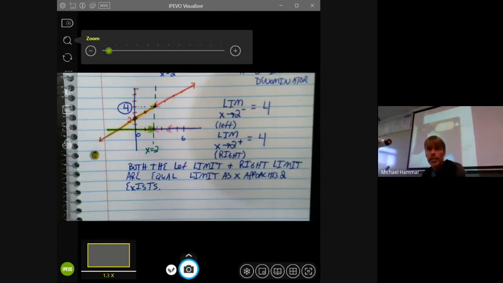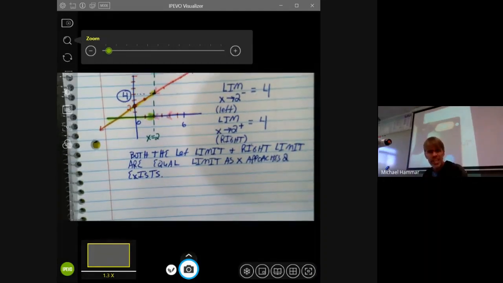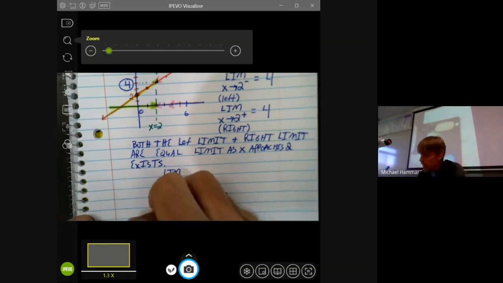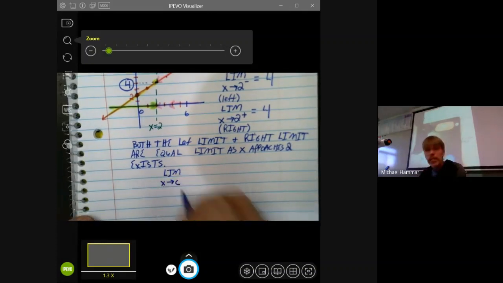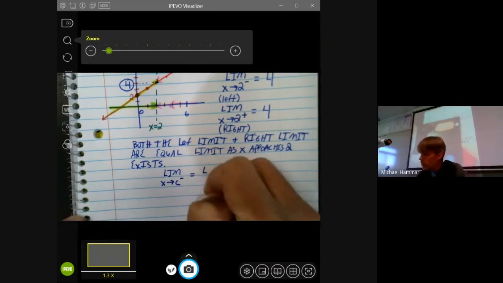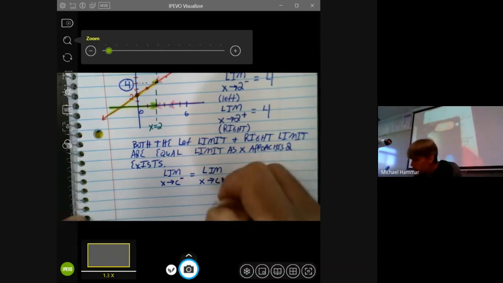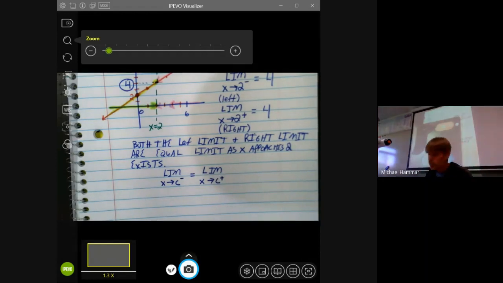From the right, now and they are the same value, we can say the limit exists. So what does that look like in notation? We would say the limit as x approaches some random value from the left equals the limit as x approaches that same value from the right.